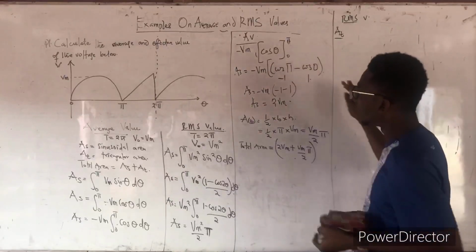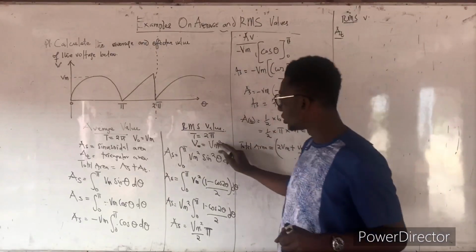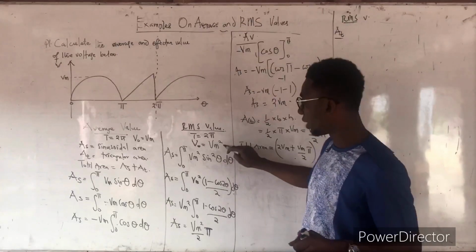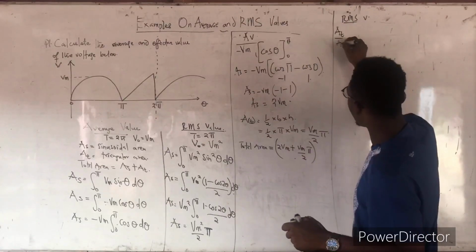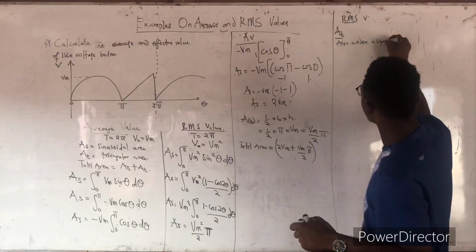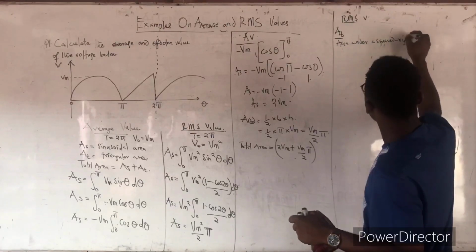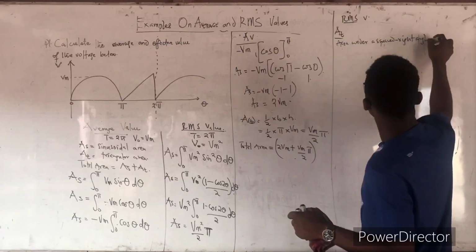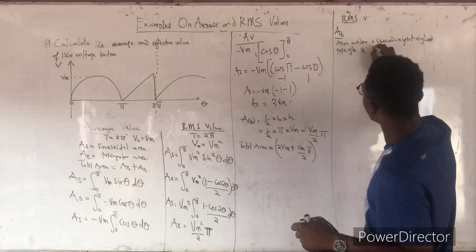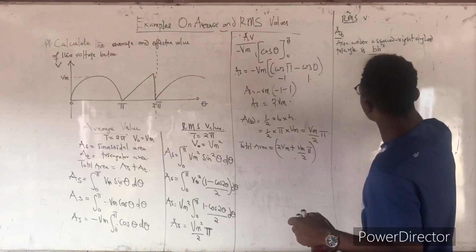So now realize that anytime you want to find, because the Vm or the peak value is squared, we always say the area under a squared right angled triangle is BH squared on 3.